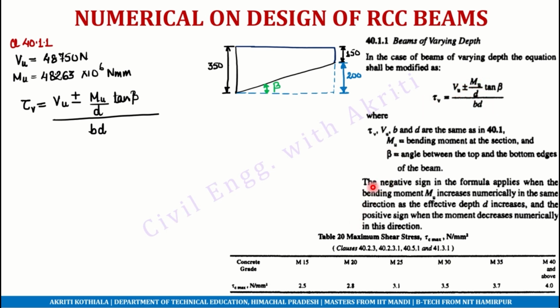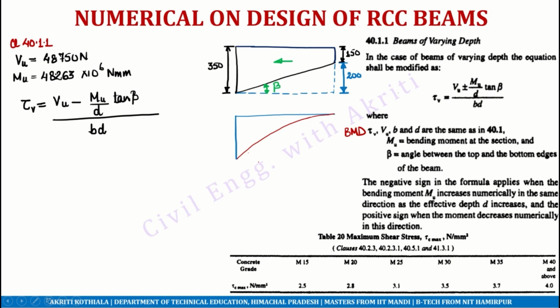Further in the clause it defines that the negative sign in the formula applies when the bending moment Mu increases numerically in the same direction as the effective depth increases. If we see this bending moment diagram, in this direction the effective depth d is also increasing. The depth keeps on increasing in this direction, and so does the bending moment. So here, because of this part of the clause, we will be using the negative sign and ignoring the positive sign. So this will be the formula.